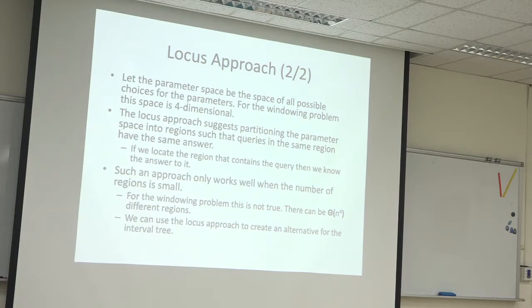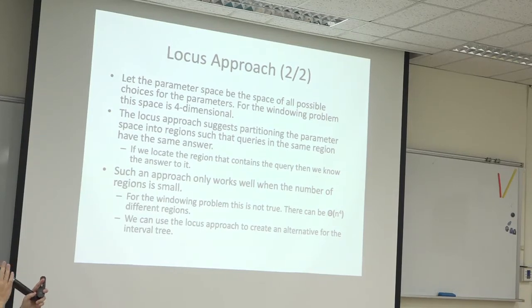So in this range, the answer is the same, and up to a certain point the answer changes to another one. So you partition your query space into different regions, and for each region, you may have a different answer.